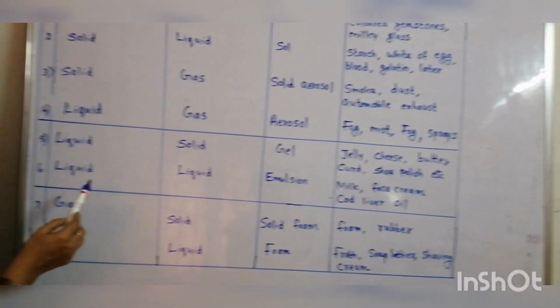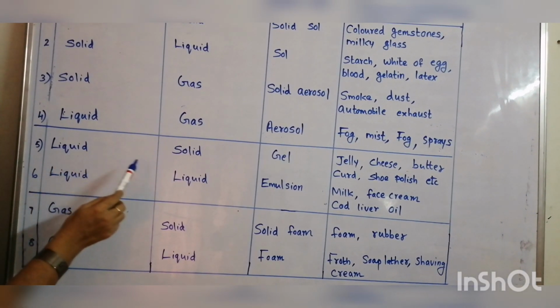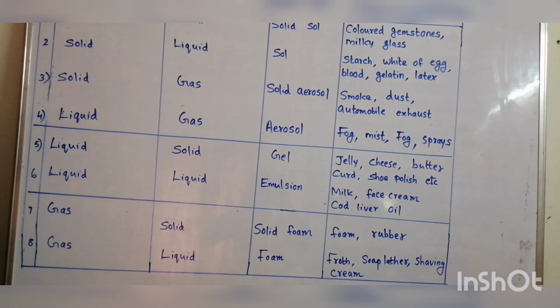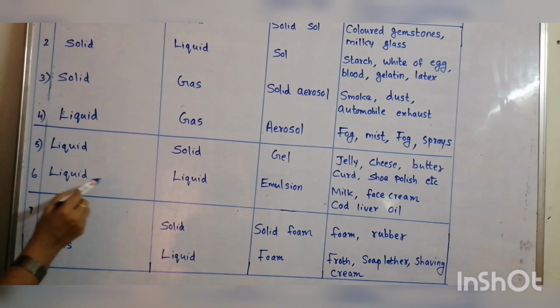In the case of gel, dispersed phase is liquid and dispersion medium is solid. Example: all jellies, cheese, butter, curd and shoe polish. In emulsion, both dispersed phase and dispersion medium are liquid.